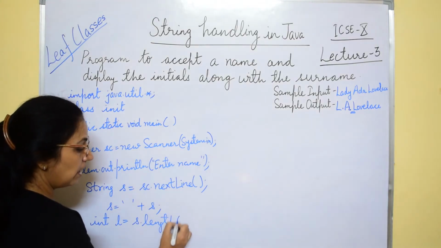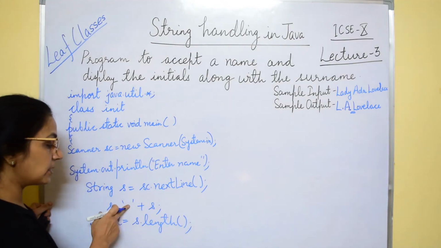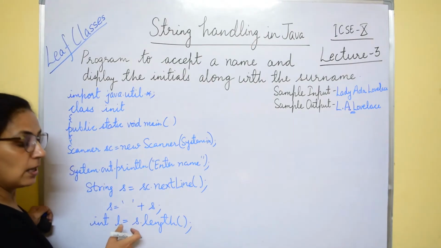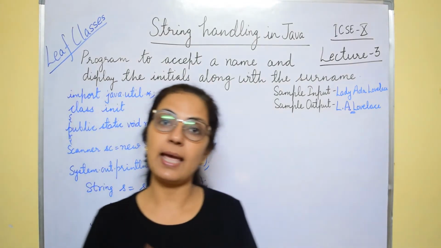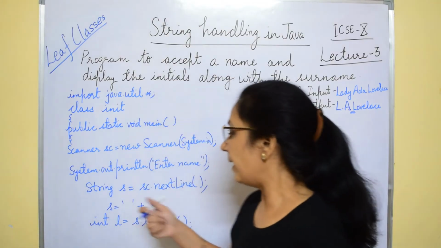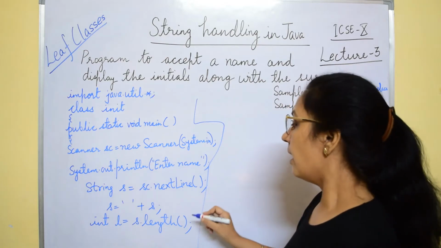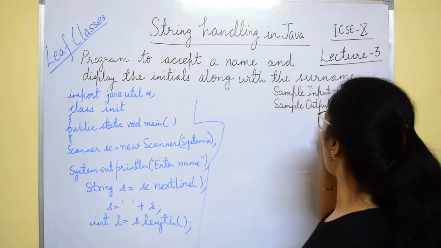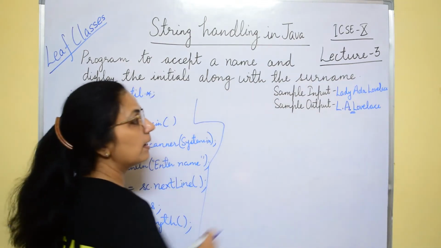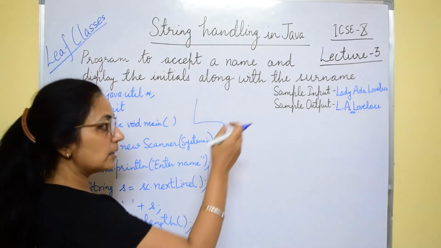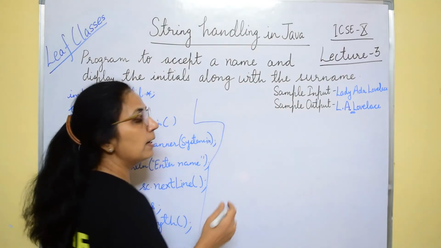Keep in mind that first you have to add the space and then find the length, not first finding the length and then adding the space, otherwise you may not get the correct answer. After this, we have to find the last index number of which character? Space. Yes. So what type is the index number?